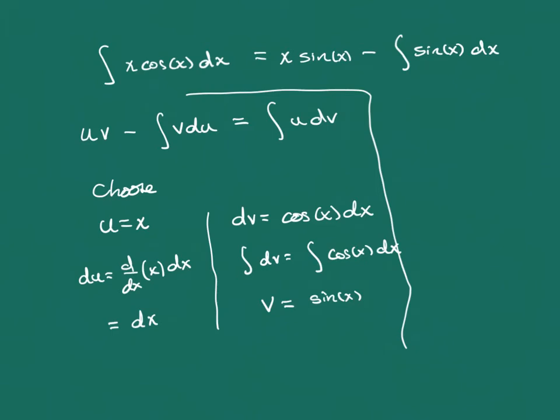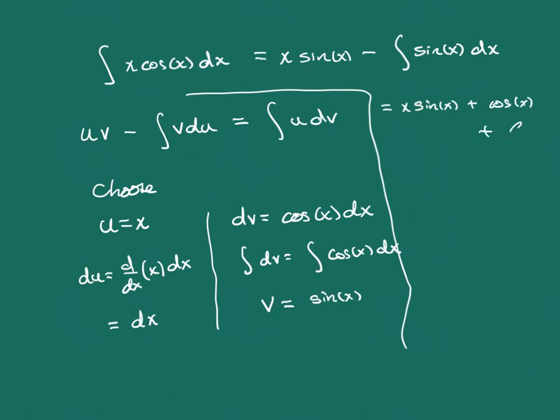Well, the integral of sine of x, now that thing is an easier integral to do. We actually know what that's going to be. We can just do that immediately. So our next step is going to say that's going to be x sine of x plus the integral of negative sine, which just gives us cosine of x.